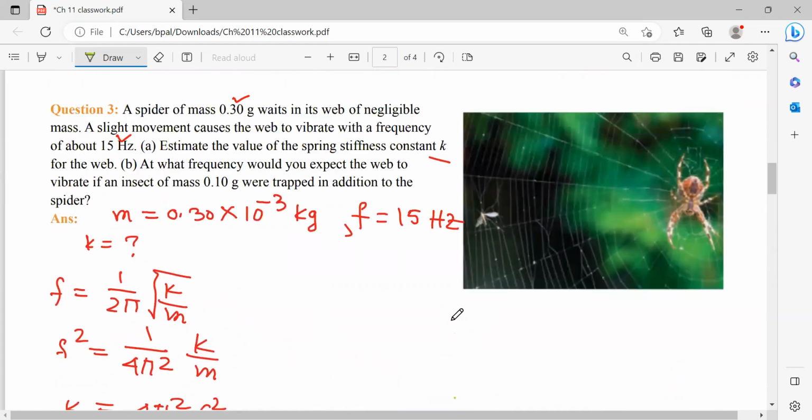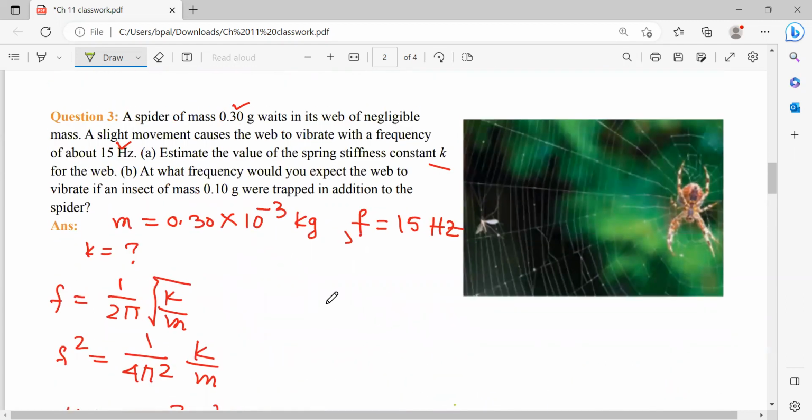Now what we are given is actually m is 0.3 plus 0.1, so it is actually 0.4 gram, or 0.4 times 10 to the power minus 3 kilogram. So if the mass increases to this, what will be the frequency?